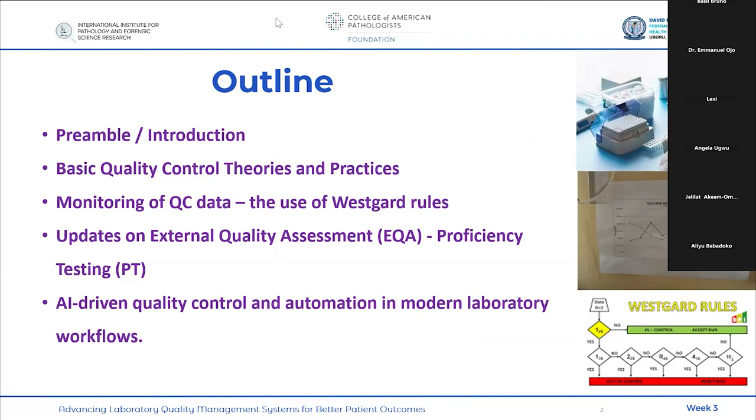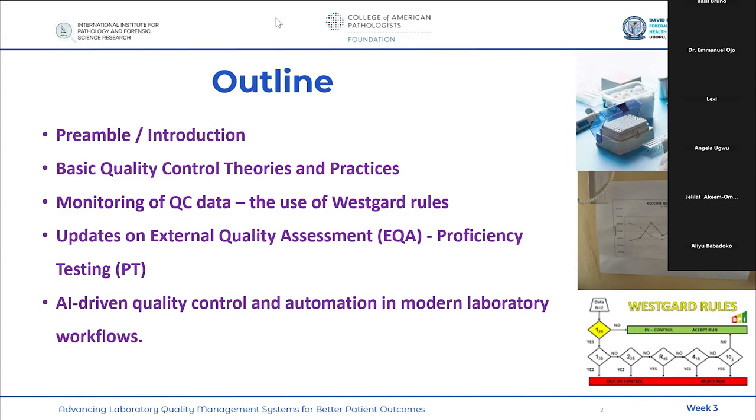We'll talk a bit about how to monitor the data generated from running quality control. And then we'll look at that using Westgard rules and also the introduction of Westgard Sigma rules. We'll also touch base on external quality assessment, the proficiency testing.